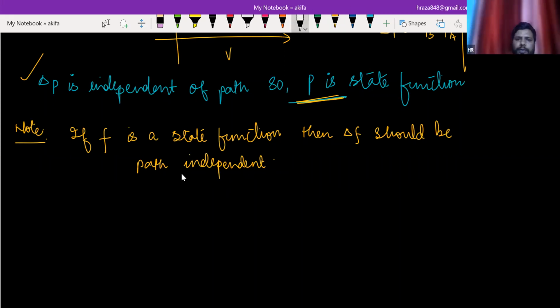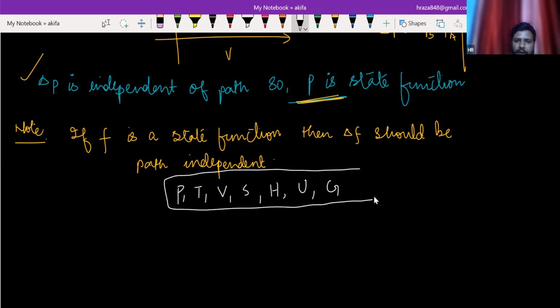What is the example of it? Pressure, temperature, volume, entropy, enthalpy, internal energy and Gibbs free energy. All are state functions.